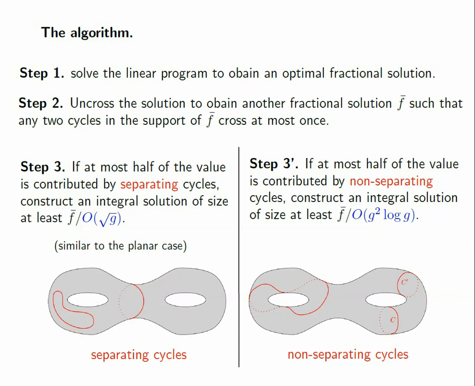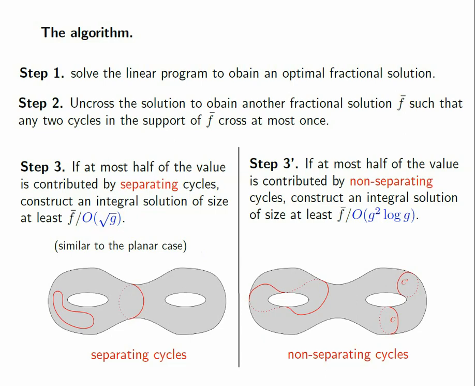This is the Jordan curve theorem. In this branch of the algorithm, we construct another integral solution whose support contains only separating cycles, and whose size is at least the value of the maximum fractional solution divided by square root of g. Not surprisingly, this branch of the algorithm follows a similar strategy as in the planar case.